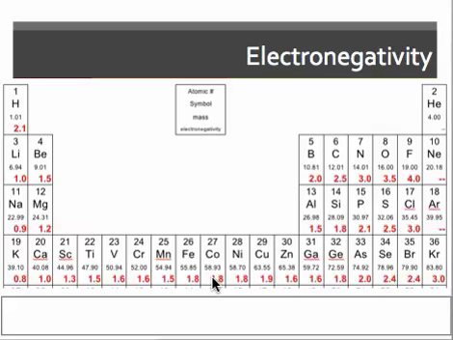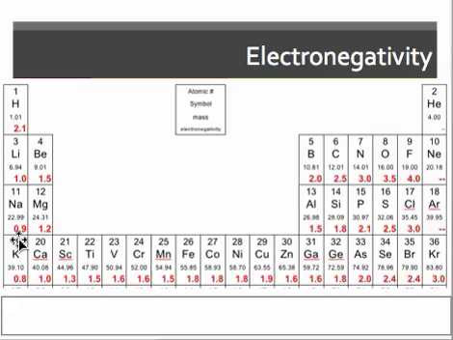The electronegativity number is in red. Electronegativity is the strength or the pull that atoms have on electrons. With chlorine, let's come over here to chlorine. We can see that its electronegativity number is relatively high, so it has a strong pull on electrons. Now let's go investigate sodium.